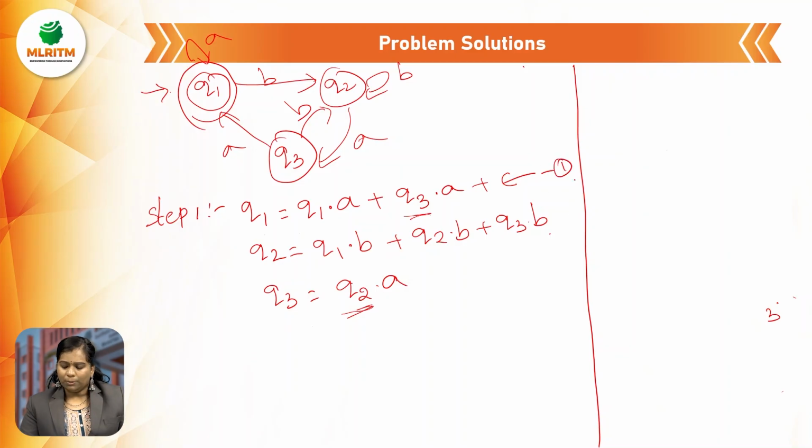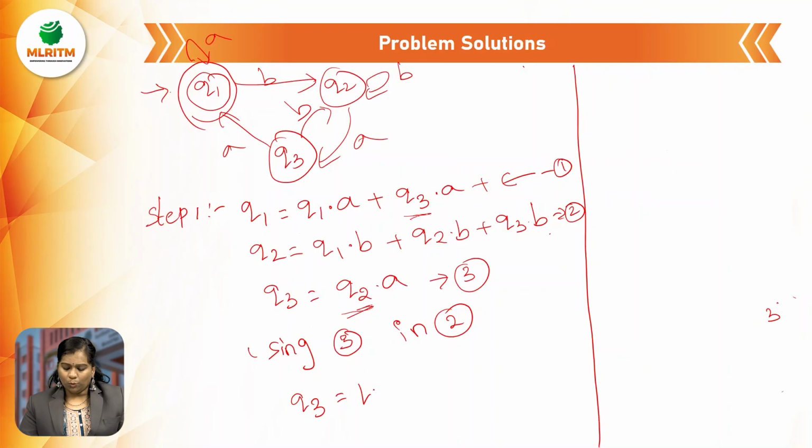So equation 1, equation 2, equation 3. So using 3 in 2. Q2 is equal to Q1 dot B plus Q2 dot B plus Q2 dot AB.